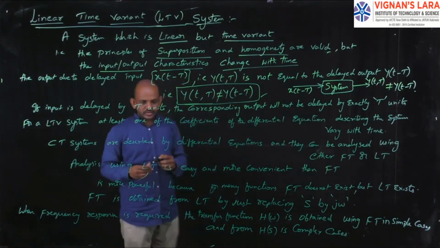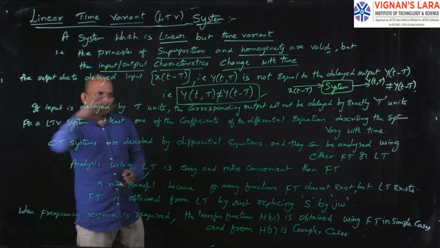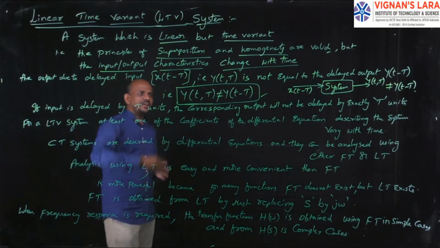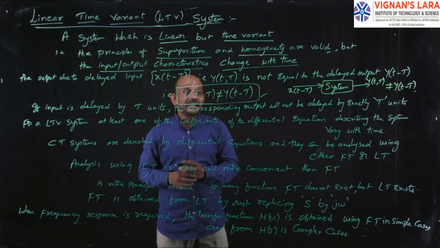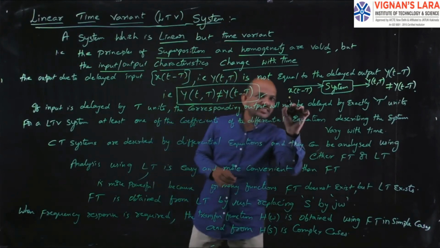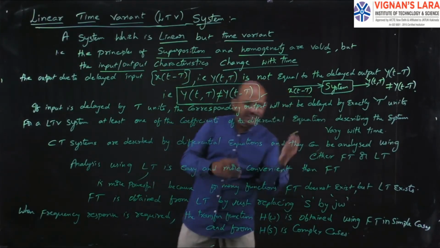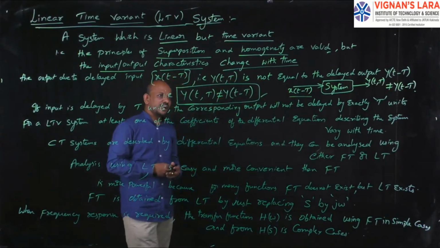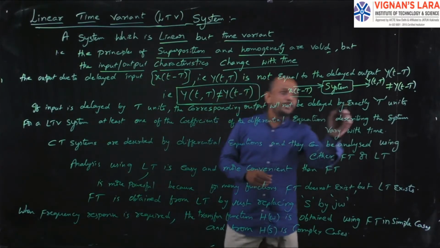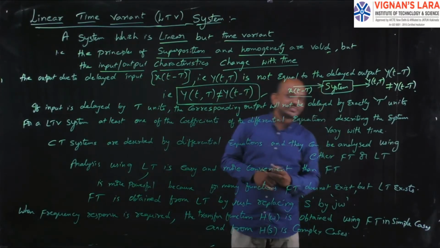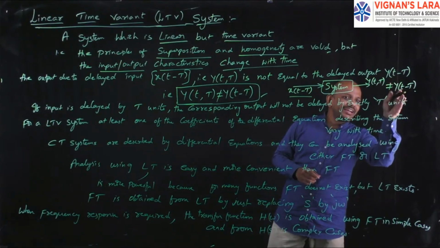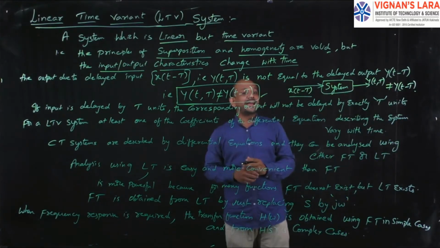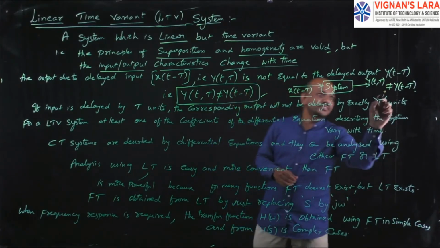Now here I said the input is delayed by capital T units, hence I write it as x of small t minus capital T. The corresponding output will not be delayed by exactly capital T units. Hence I write it as not equal to.